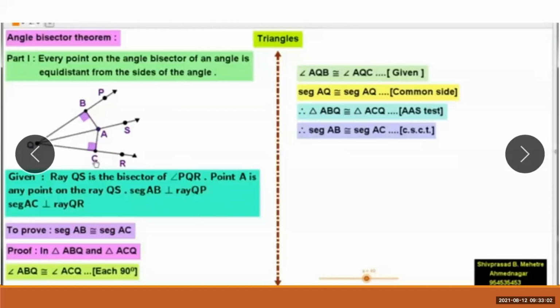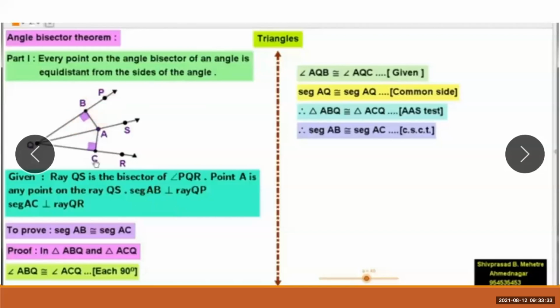Yes, now that is the construction. Okay, you can also write it separately. Construction. Okay, join segment AB or draw a perpendicular like that. Segment AB is perpendicular to ray QP. Here you can see the symbol of 90. Okay, so that is perpendicular to QP.